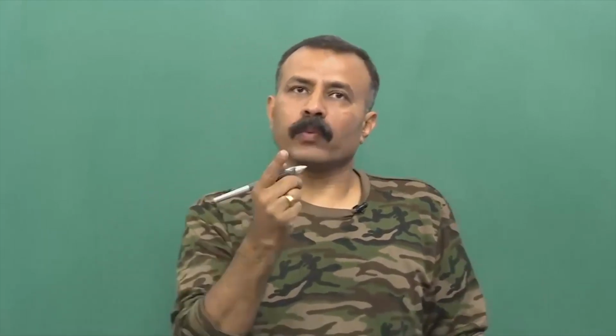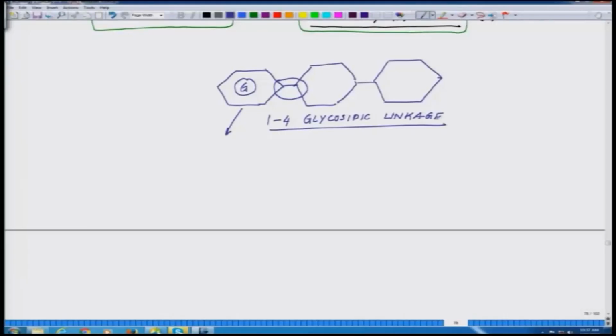Yet there is another way it can form, between two different chains. If I represent one single chain like this, and there is another chain like this, between the two chains there are linkages which are called 1,6 glycosidic linkages.